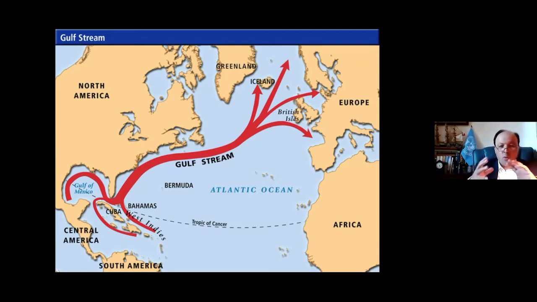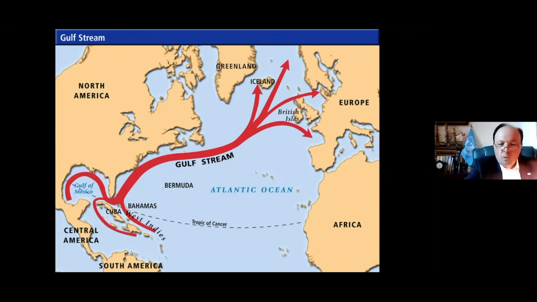Once again, we see the relationship between atmosphere and the oceans working together to redistribute heat, influencing our climate, influencing our regional weathers, and making a difference. So this is an example.